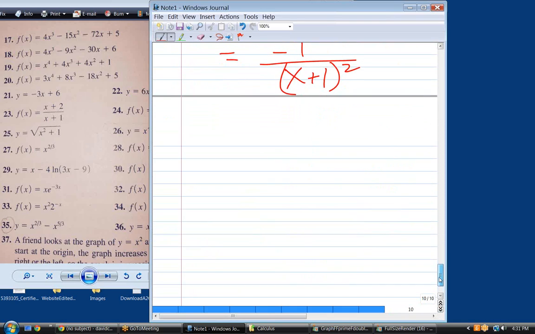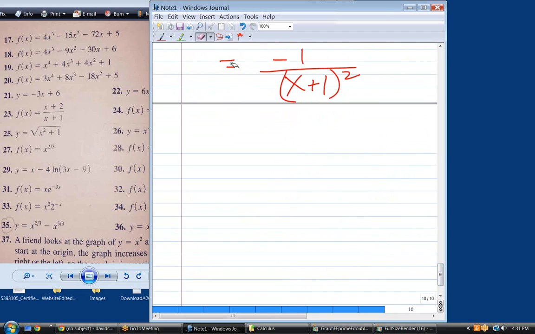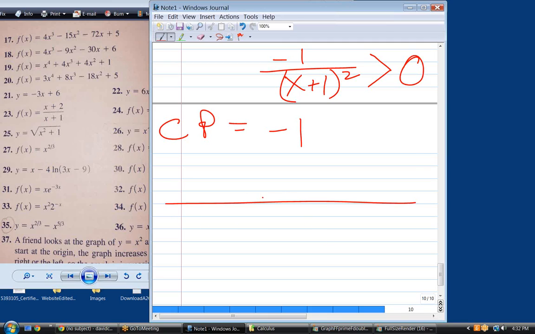So now we have to figure out where that thing is greater than or less than 0. We're still going to use a line chart. What's the critical number? Is it negative 1? That's the only critical number. So on my line chart, there's negative 1. What happens to the left of negative 1?